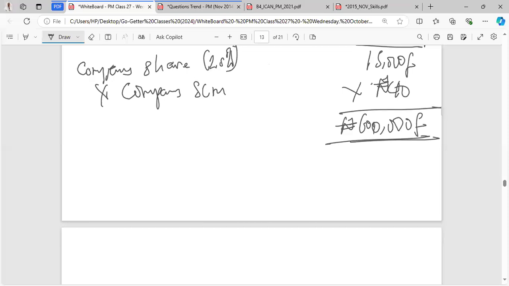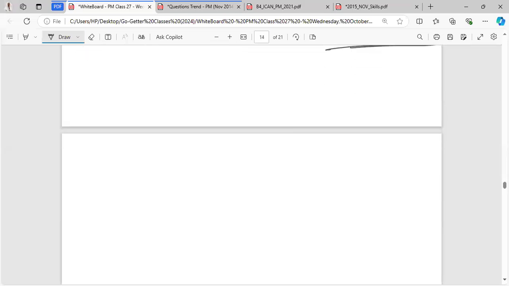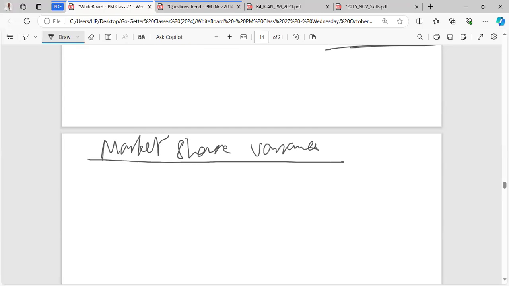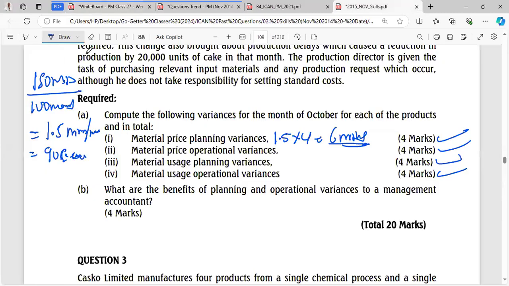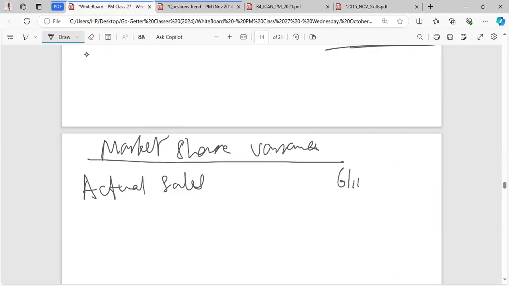Then the market share. So let's look at market share variance. Actual sales here was 61,000 units.